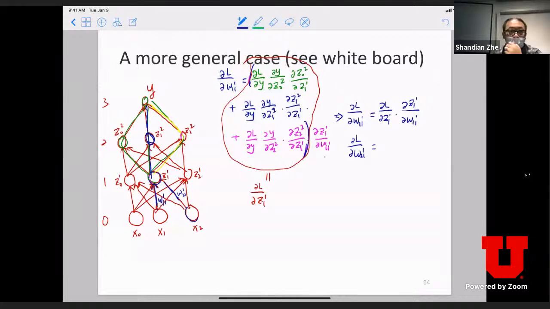Yeah, exactly. So you don't need to repeat this whole bunch of things. You just write down partial L over partial Z11 times partial Z11 over partial W211. That's it.